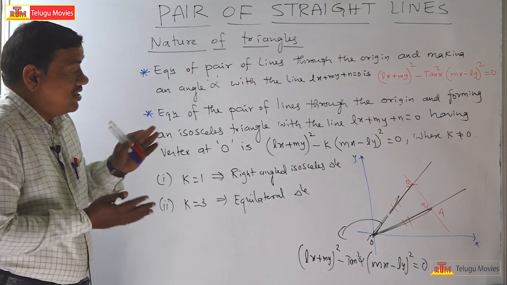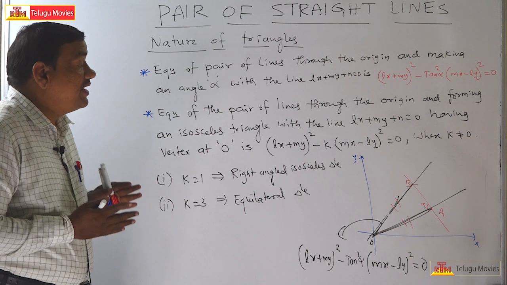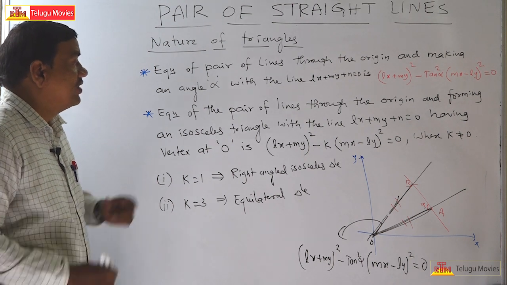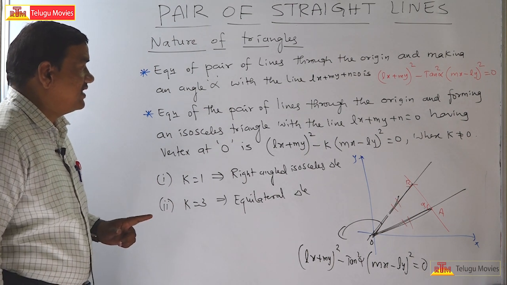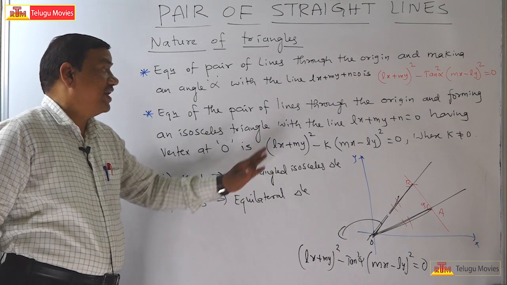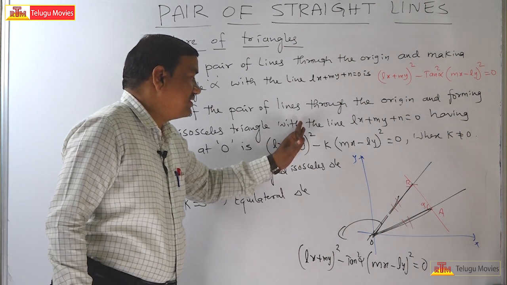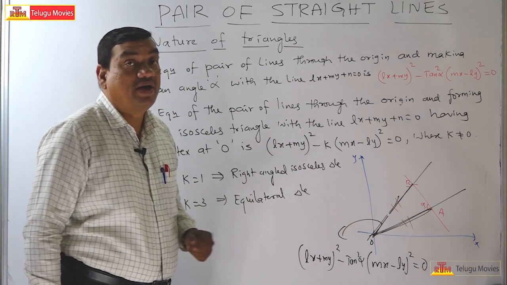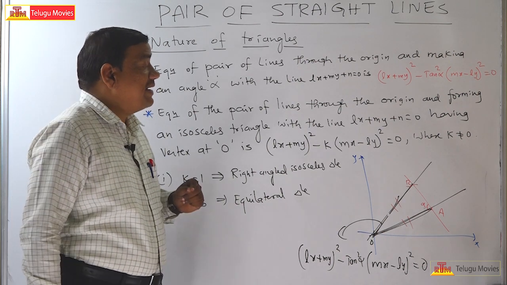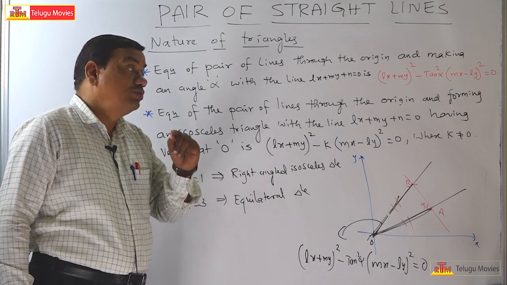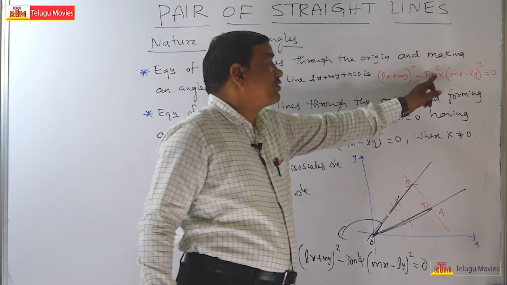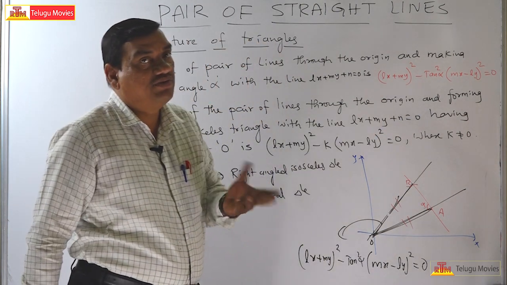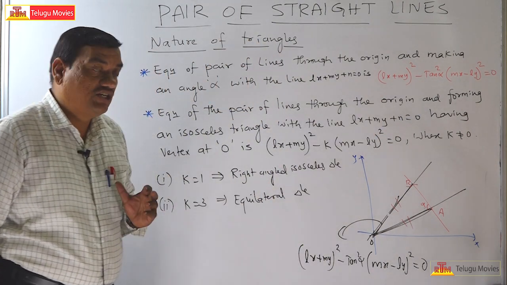If this triangle is isosceles with the line Lx plus My plus n equal to 0, with vertex at O, the equation is (Lx plus My) whole square minus k times (Mx minus Ly) whole square equal to 0. That means in place of tan square alpha, k will come. Then it becomes an isosceles triangle.